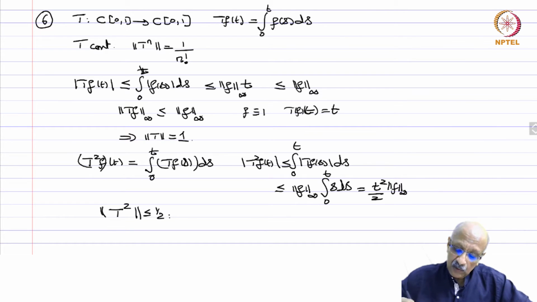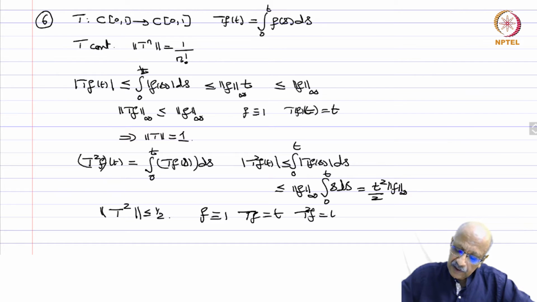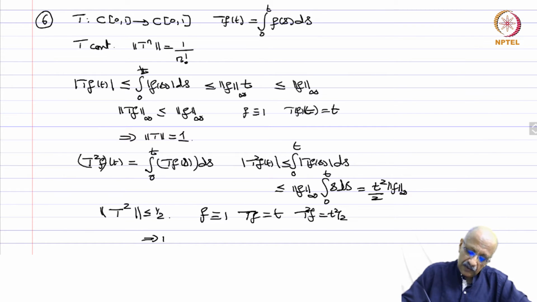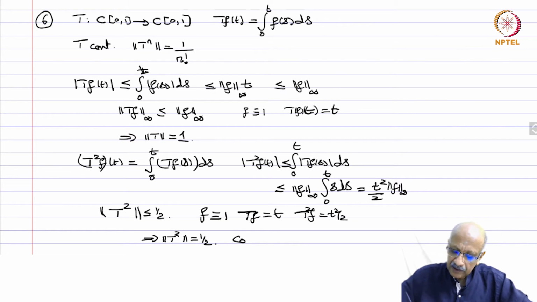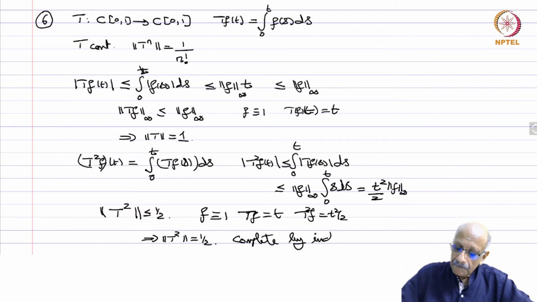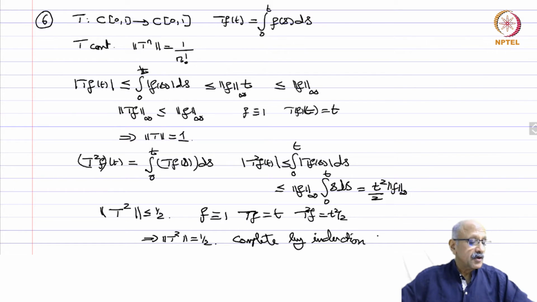Again you take f equal to 1, then Tf is nothing but t, and T squared f will be t squared by 2, and if you take the norms you will get half on both sides, and therefore you get in fact that norm T squared equals 1/2. Now complete by induction.